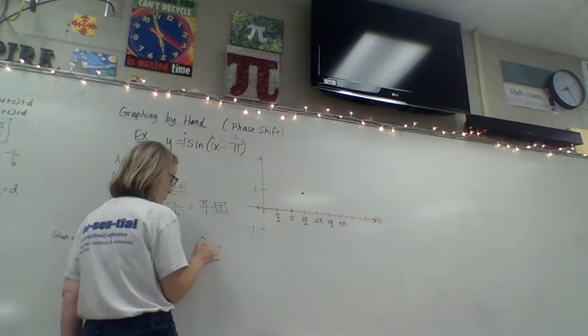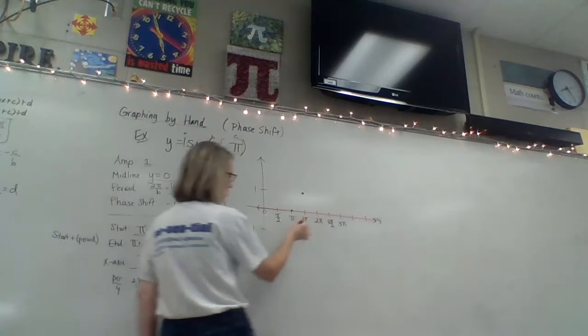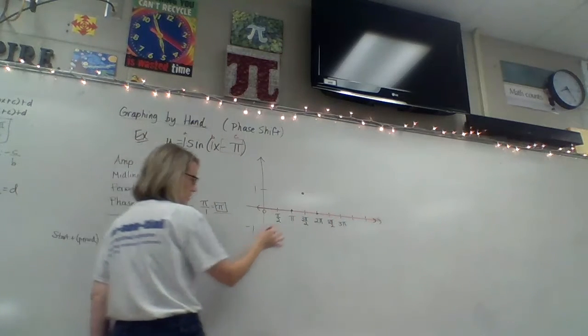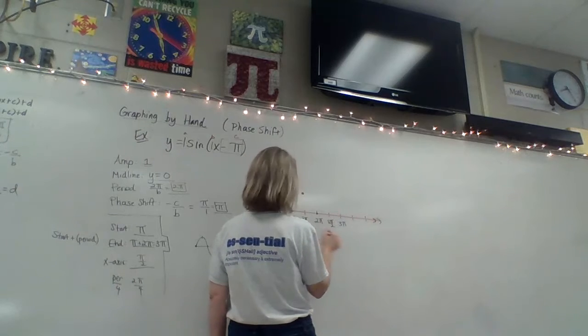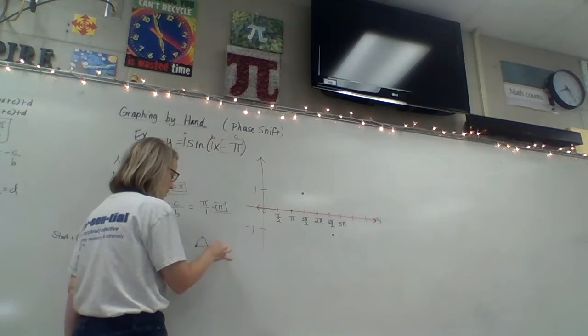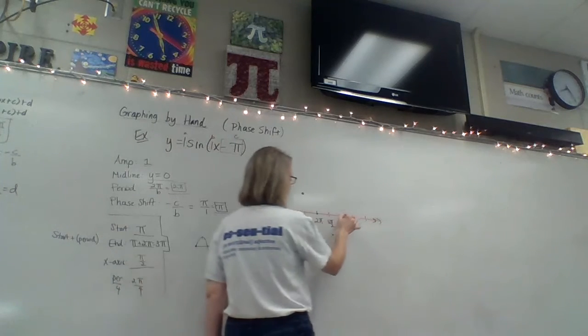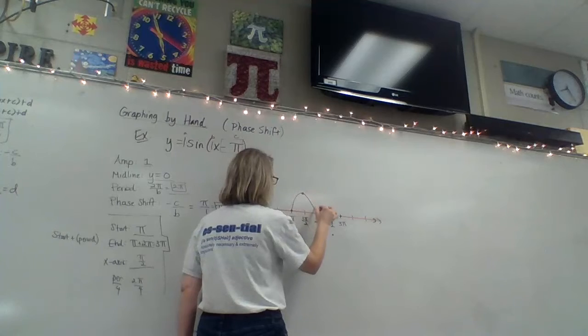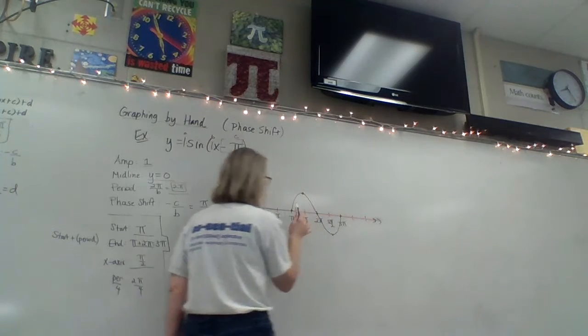Alright, and then the next point's where it comes back and touches the midline, that's at 2 pi now. And then the next point's where we're minimizing, the lowest point. I'm making up words. Alright, and then the last point's where it comes back to the midline again. Alright, so again, I know this is not the whole thing.